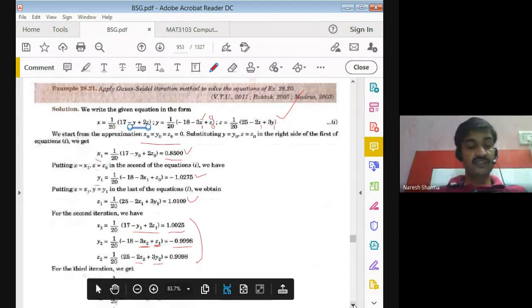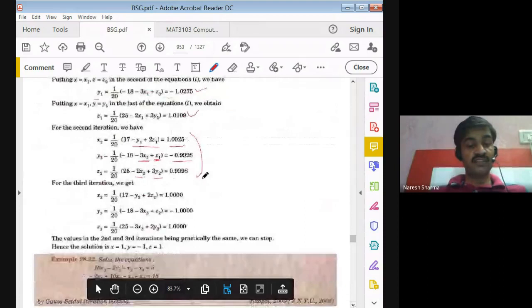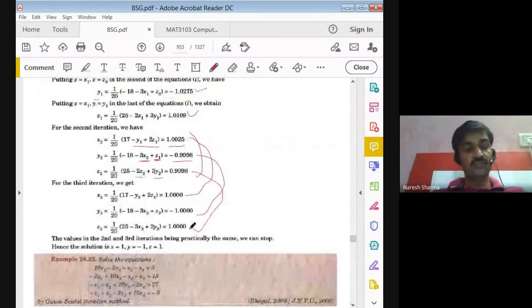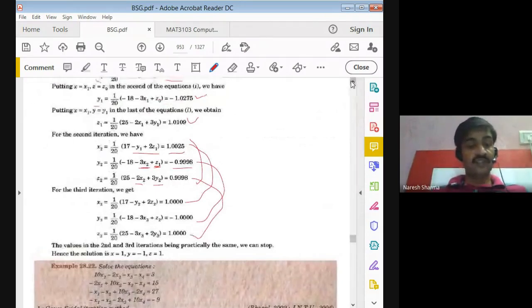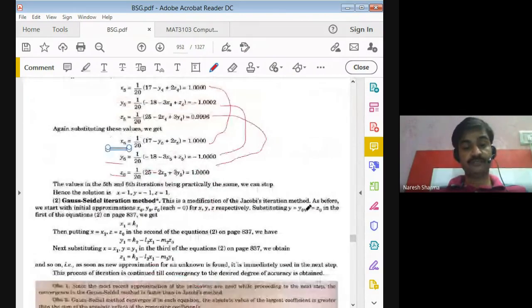So after putting, similarly for the third step, you can see these are the same desired accuracy. Another thing you can see is that in the previous method for the same question, we required up to 6 iterations in the Jacobi method.